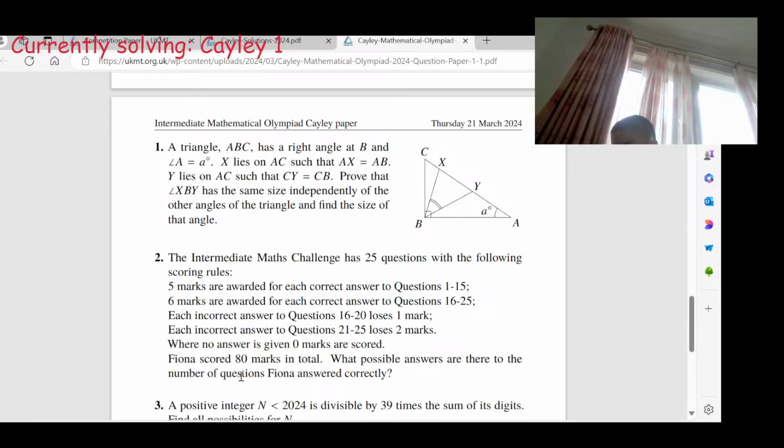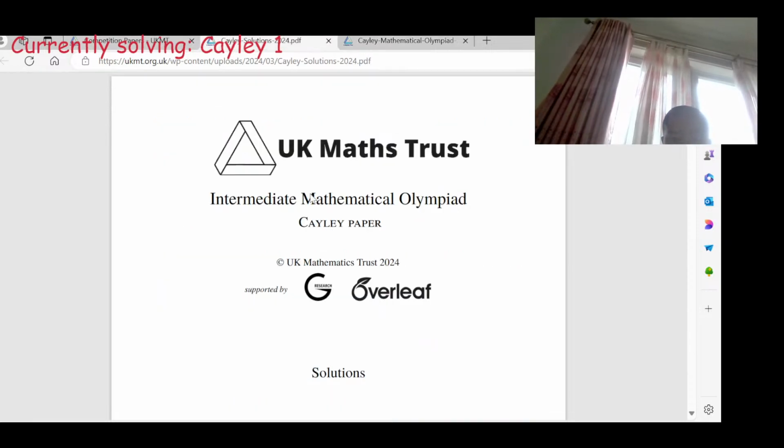Angle C is 90 minus A. Angle CBY is therefore 45 plus A over 2. Angle YBA is 45 minus A over 2. And so XBY is 45.